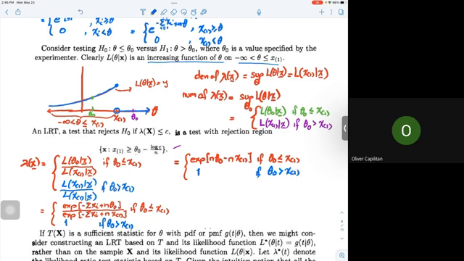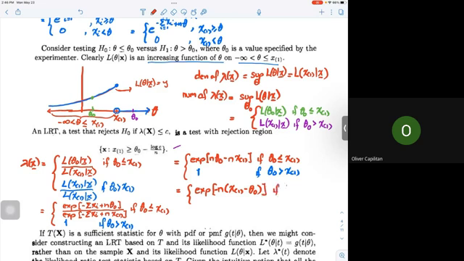Okay, so simplify further. Then we have here e exponential of negative n na lang. Then we have x sub (1) minus theta sub 0.